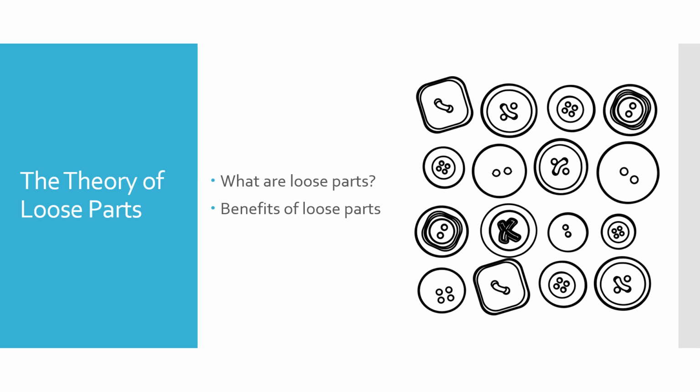If they are, for example, in the dramatic play area and they are pretending that they're trick-or-treating, then they could use these buttons as the treats that children are getting as they're going door to door. So that way they can be, again, used in multiple ways.